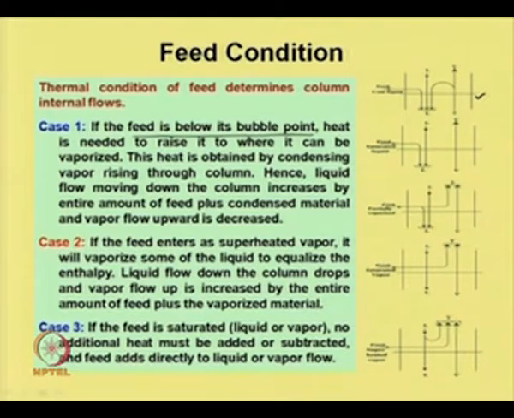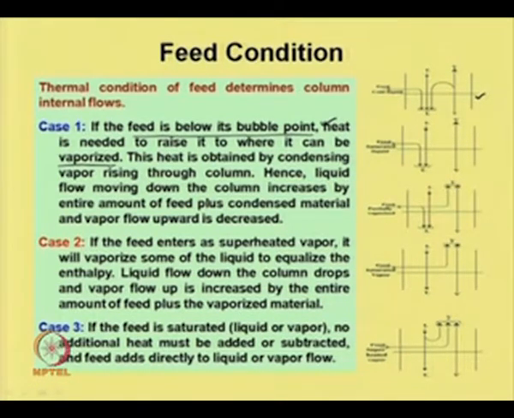If it is below its bubble point, then we need to supply heat to raise the temperature of the feed so that it can be vaporized, because the feed is below its bubble point, or cold feed.